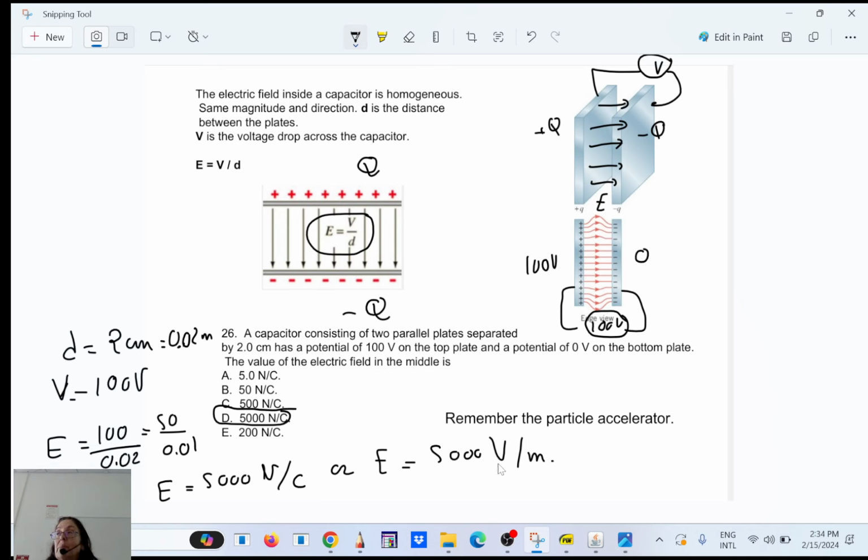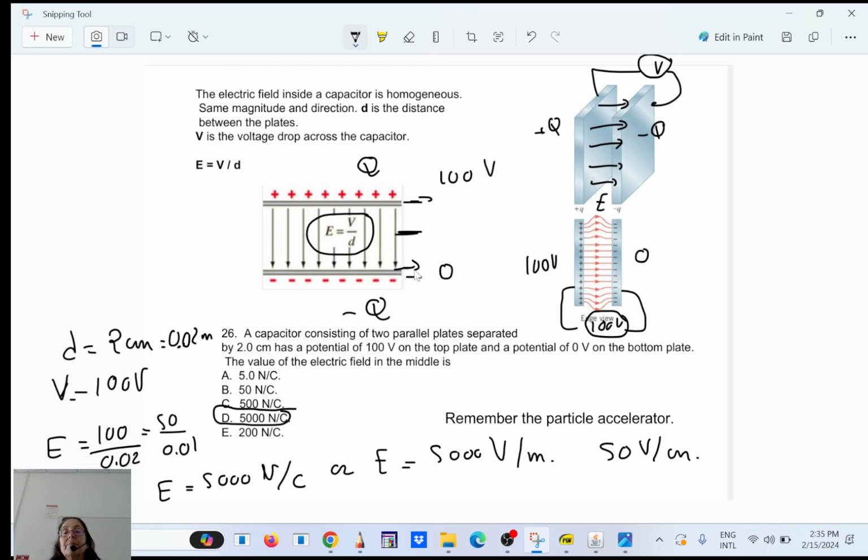So what does it mean? It means the electric field is showing you that the voltage is losing 5,000 volt per meter, or 50 volt per centimeter, right? The voltage here is 100 volt. Let's say this is 0. So for each centimeter, you are losing 50 volt.